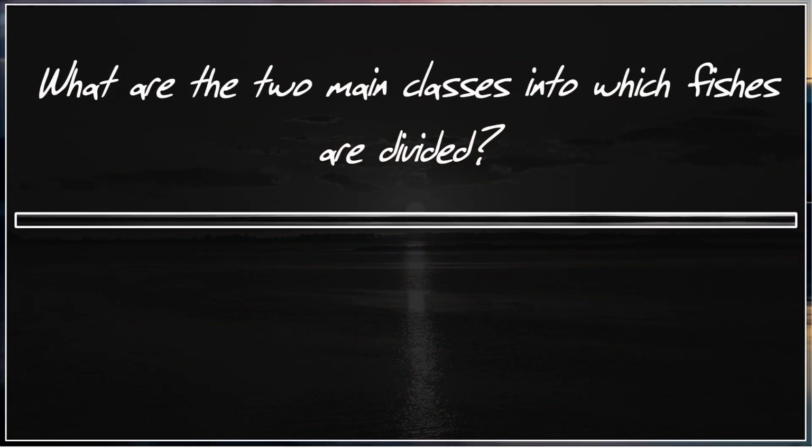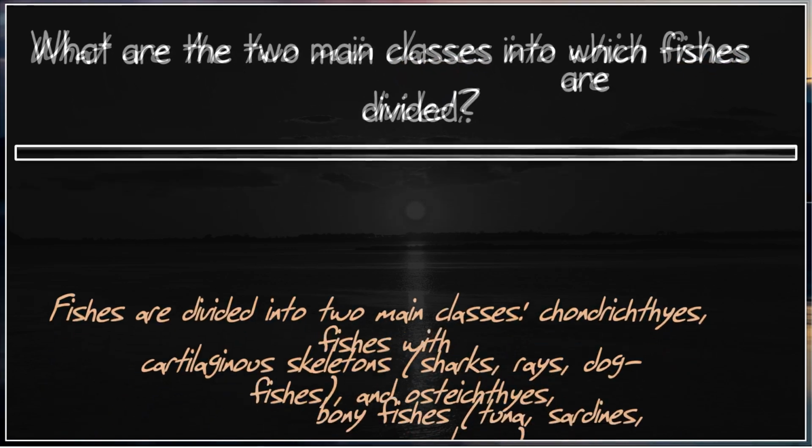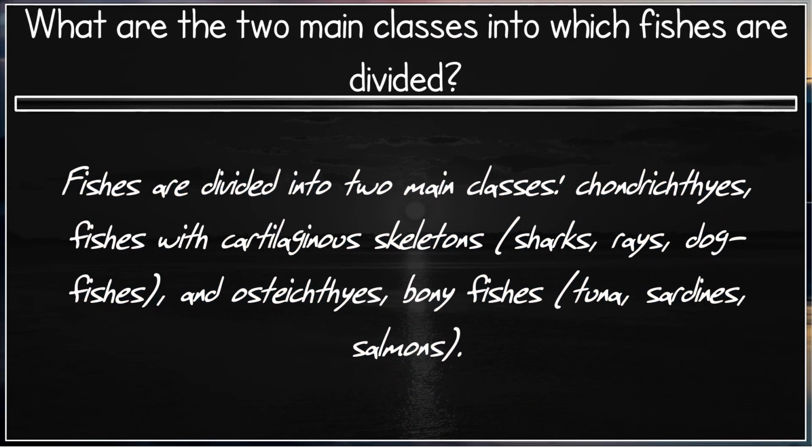What are the two main classes into which fishes are divided? Fish are divided into two main classes. Chondrichthyes, fish with cartilaginous skeleton.